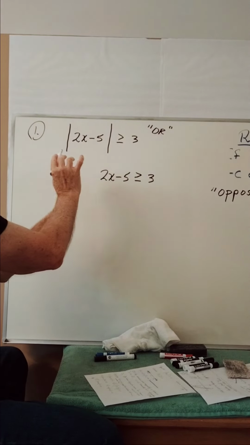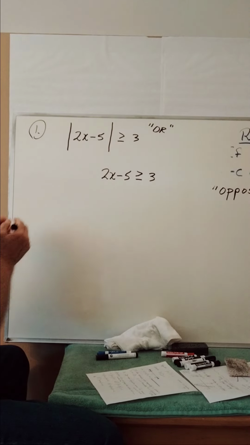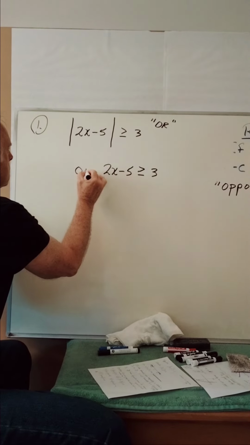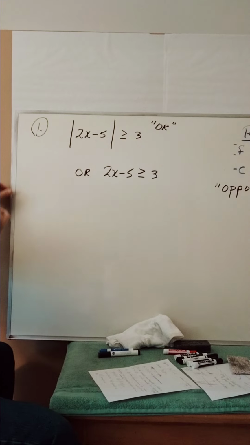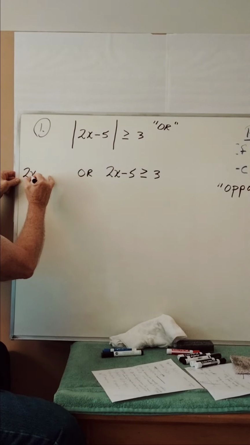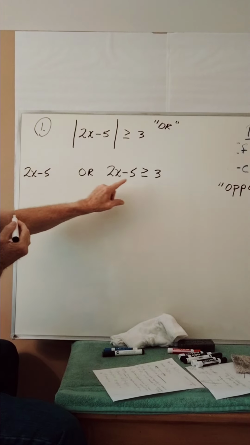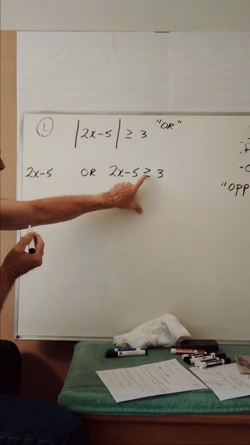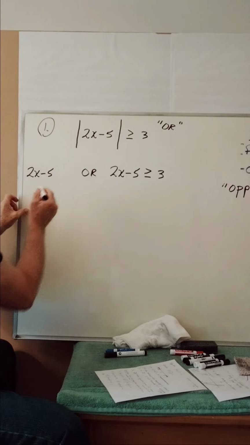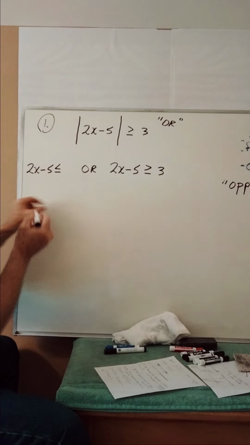I'm kind of starting with the one on the right. I could have put that on the left. It doesn't matter. Or we bring down that algebraic expression. Now listen to the words. Opposite, opposite, opposite.